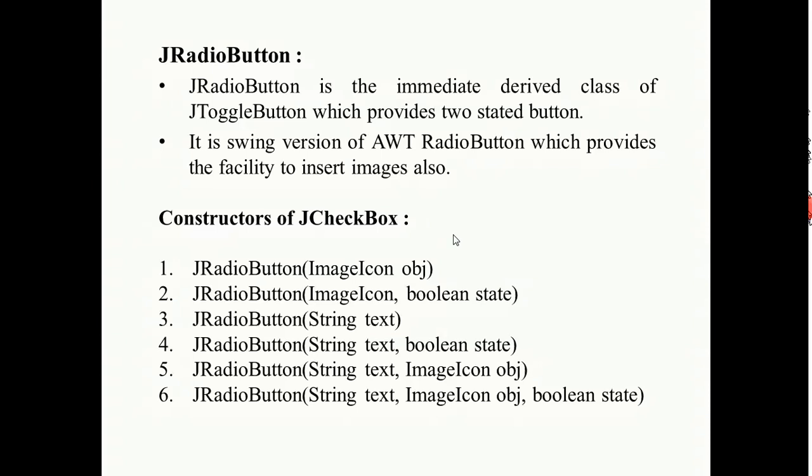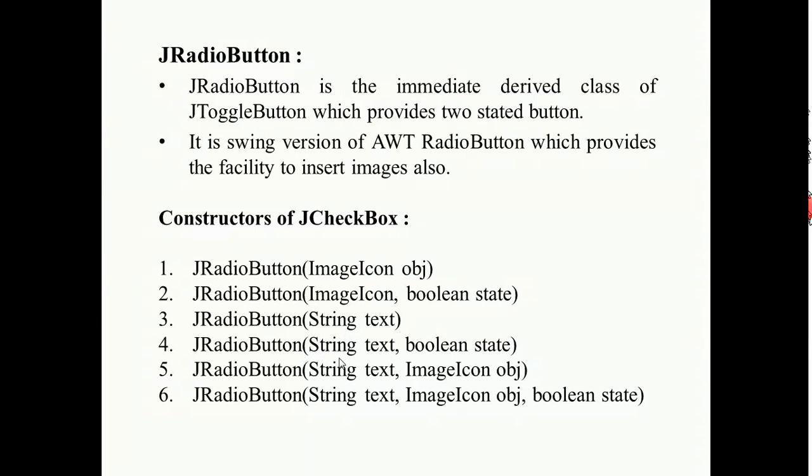If the value of the boolean state is true, then initially the radio button is checked or selected, and if the value is false, then it is unselected. The third constructor is JRadioButton with parameter String text. This constructor creates a radio button with the specified text on the radio button. The fourth constructor is JRadioButton with two parameters, String text and boolean state.